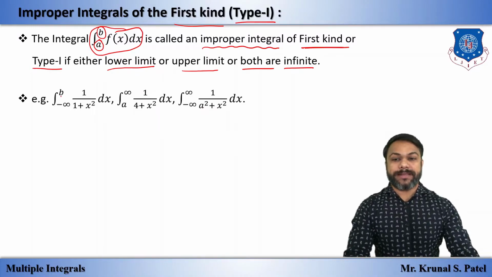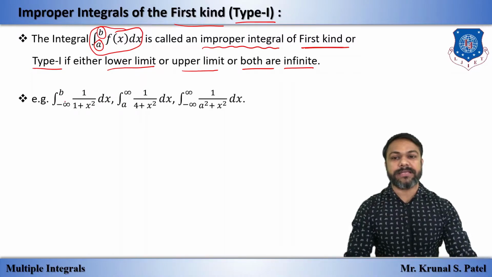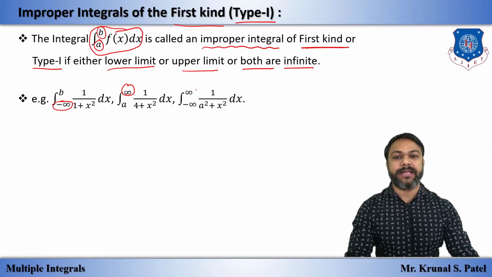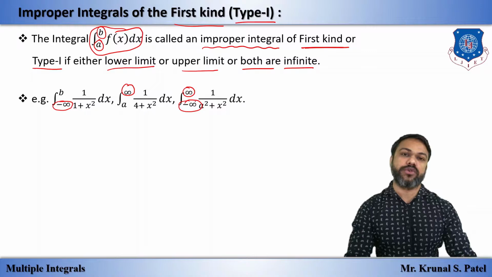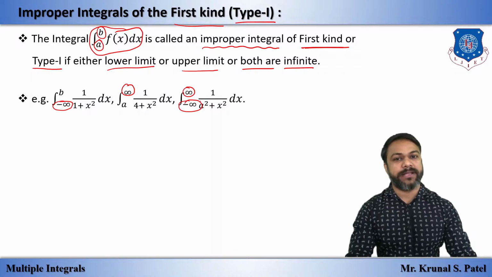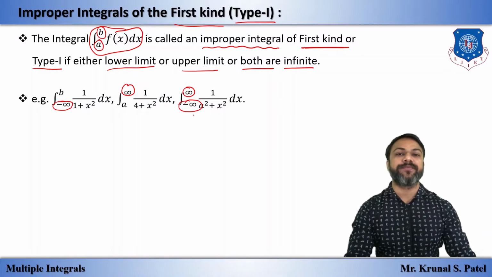For example, here you can see its lower limit is infinite, so it is first kind. Upper limit is infinite, so it is first kind, and here both limits are infinite, so this is also of first kind. So we have these three types of example in this first kind.